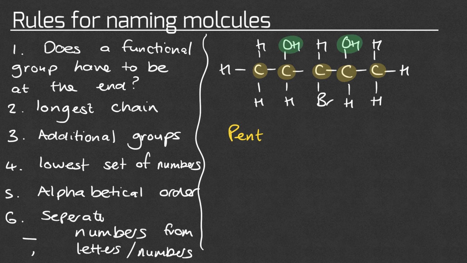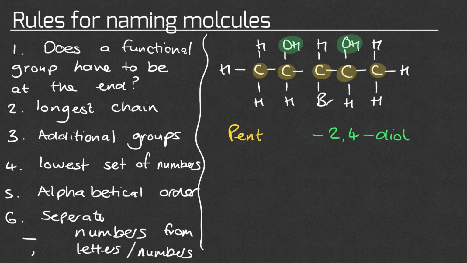I have got 2 alcohol groups in this molecule, and they're on carbons 2 and 4. So this section of the molecule would be called 2,4-diol. 2 and 4 because the groups are on carbons 2 and 4.